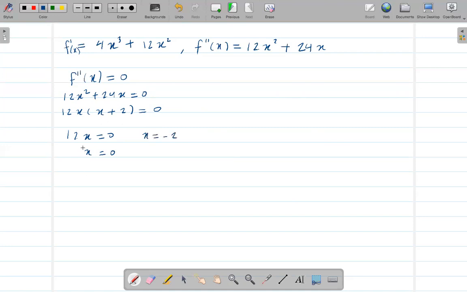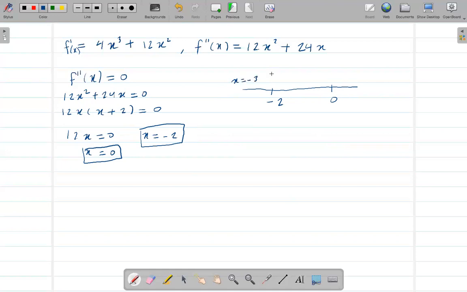Again, we don't know if these two are inflection points or not. We need to check that. The way we check this is we can make a sign chart. So let's say negative 2 is somewhere down here, 0 is somewhere down here. After this, you can pick any point in each interval. Let's say I pick x equals -3 and plug it into f double prime of x.